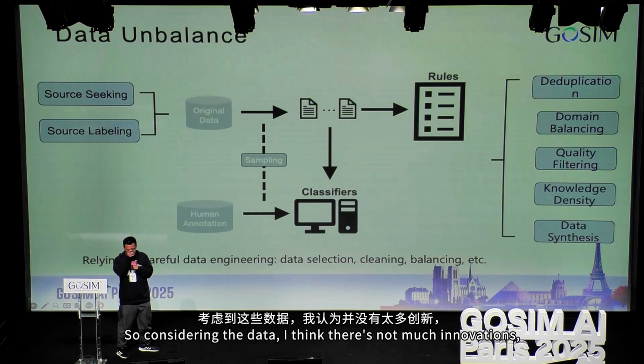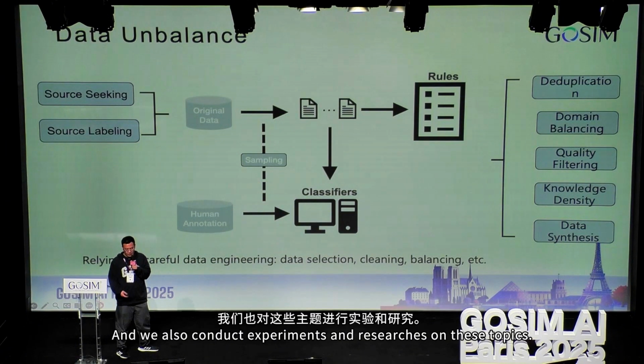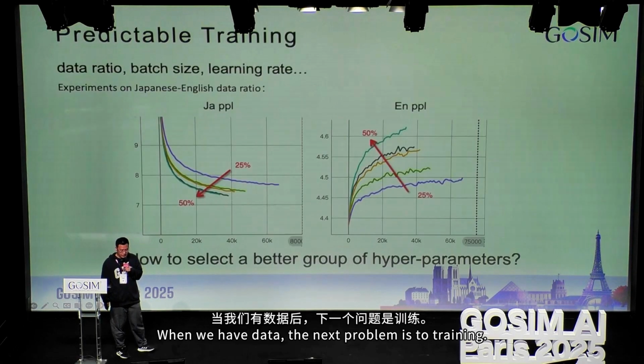So considering the data, I think there's not much innovation, but it just relies on careful data engineering, for example, data selection, cleaning, and balancing. And we also conduct experiments and research on these topics.